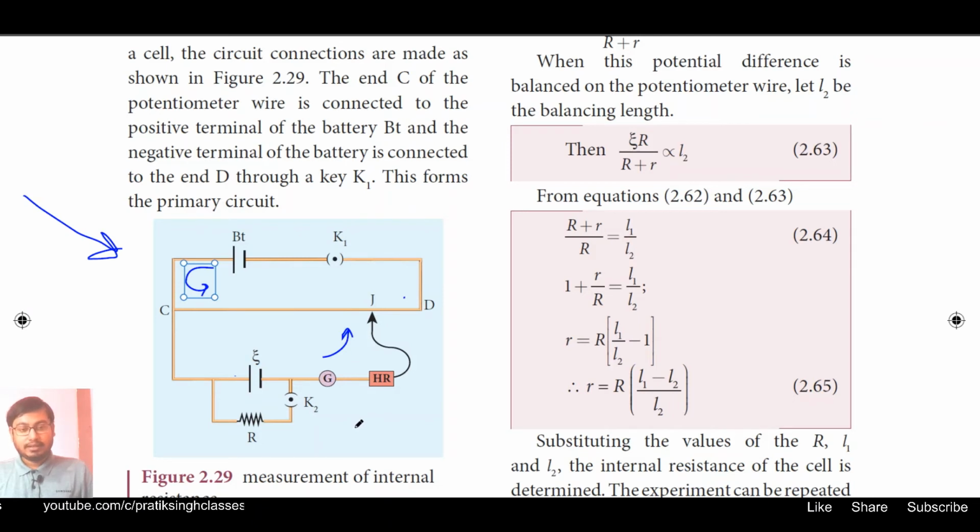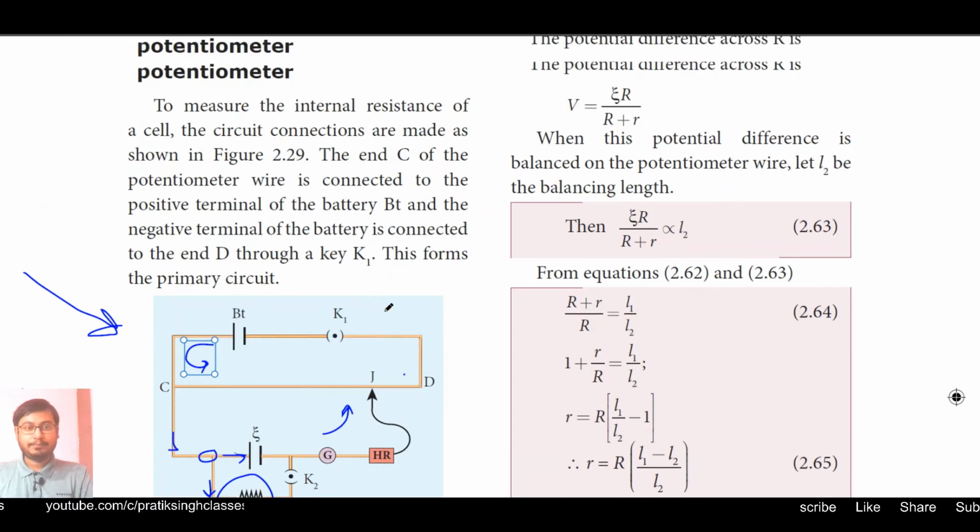But this resistance will not be in circuit because K2 is switched off. When we switch on K2 also, the current coming at this junction will get separated into two parts. They may be equal or different. Suppose I1 is going in this direction and I2 is going in this direction, and because of that the value of the resistance will change. Now let us see what really happens here.